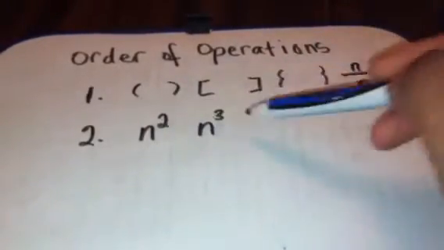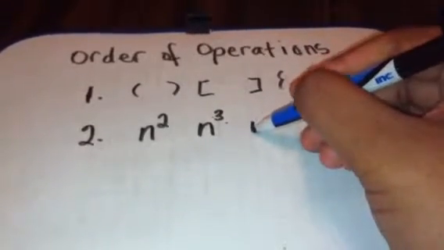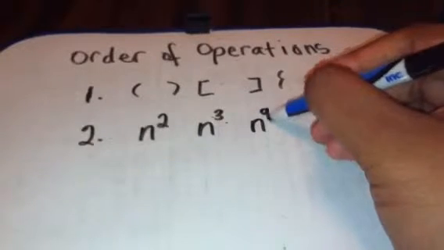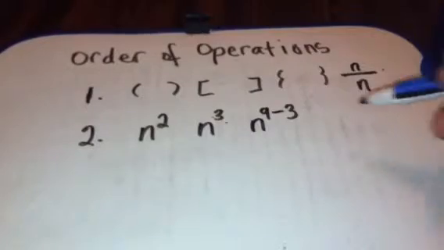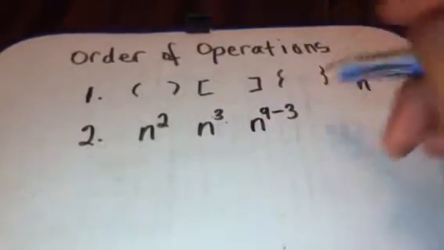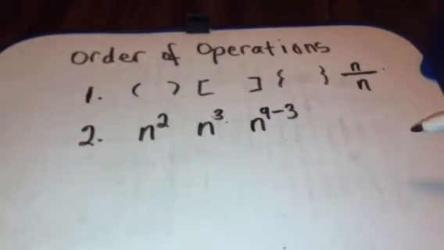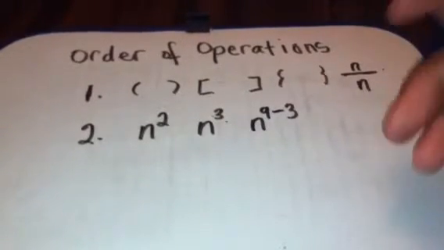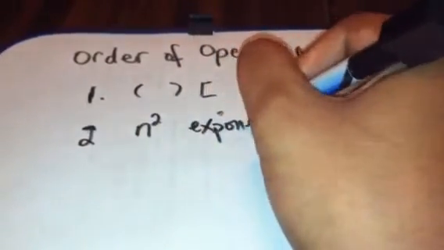N to the power of 2, n cubed, and exponents can also be, it's not always just a number. Sometimes it's what you do with the number. N to the power of 9 minus 3, so whatever your exponent is, you do your exponent. If you don't have any, you would skip that.